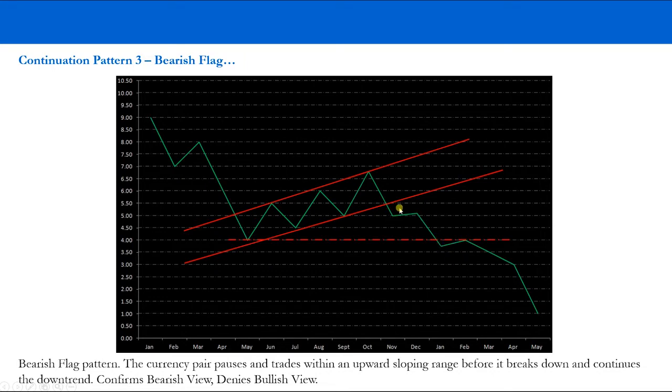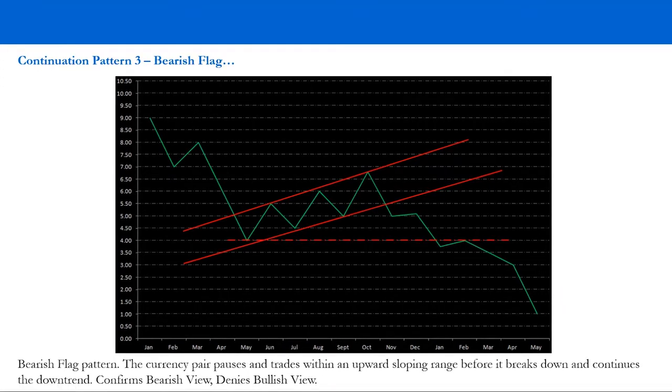So if we already have a position and we have a fundamental predisposition that's bearish and we see this, we're probably adding to the position. If we don't have a position, we're probably initiating. Now, if we come into this situation with a bullish predisposition, we see either of these, this is a red, we're not trading. So overall, the bearish flag confirms bearish views, but denies bullish views.